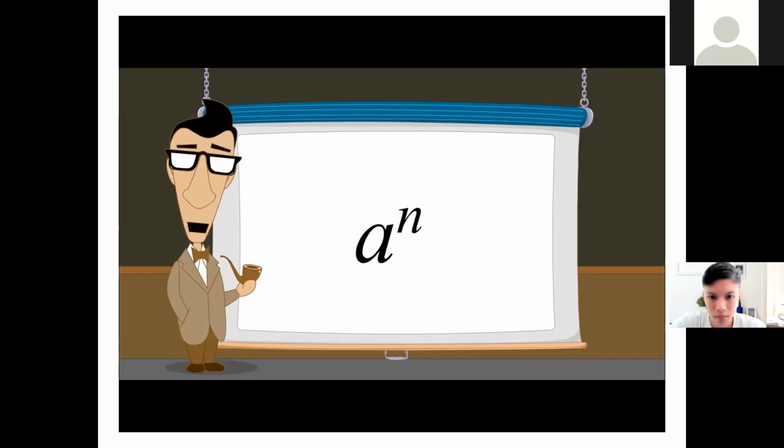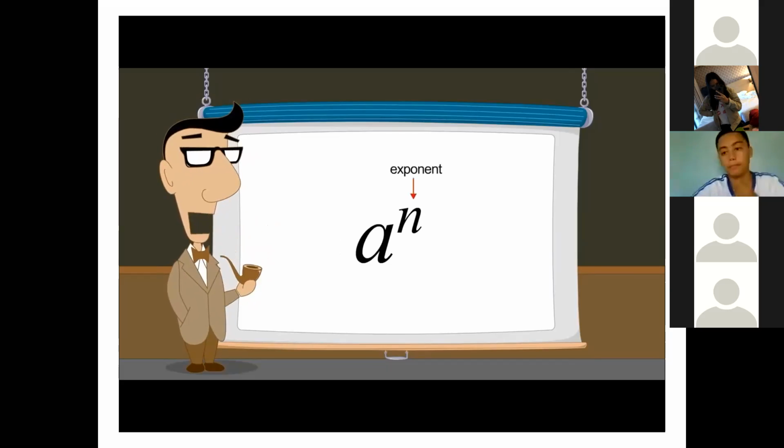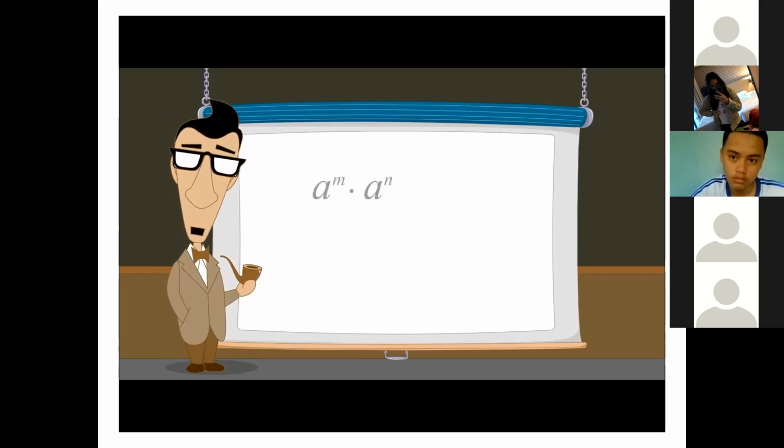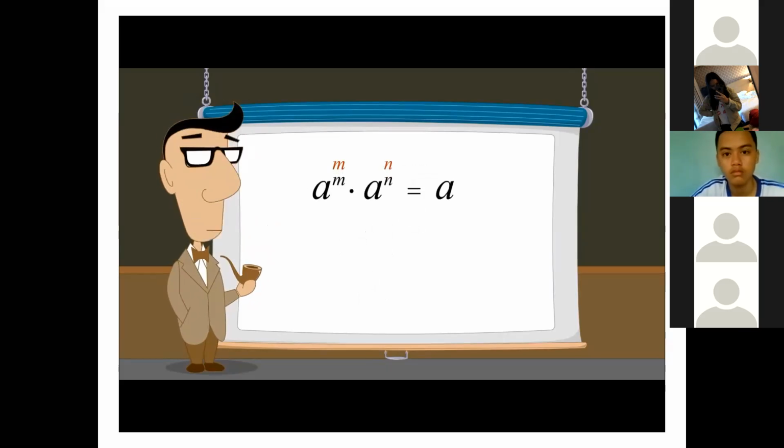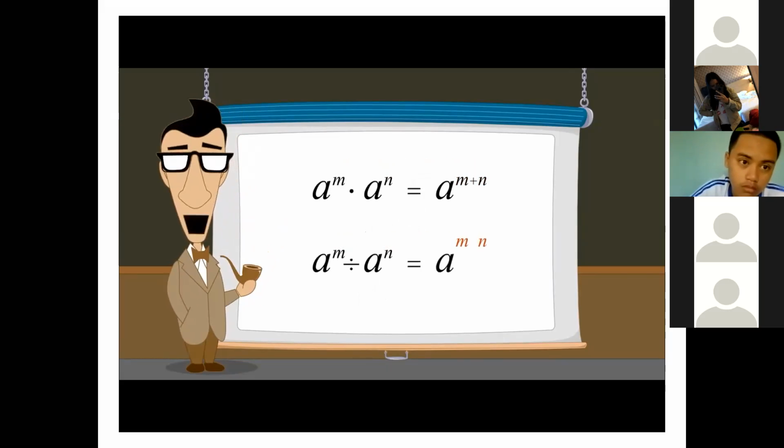In an exponential expression, n is called the exponent and a is called the base. We also saw that to multiply exponential expressions with the same base, we add their exponents. And to divide exponential expressions with the same base, we subtract their exponents.